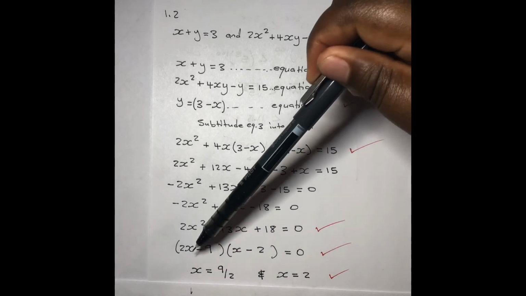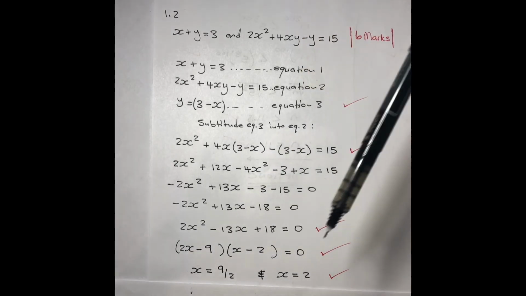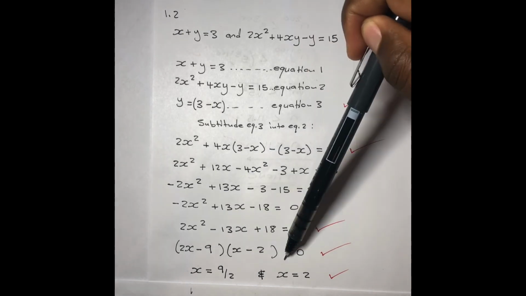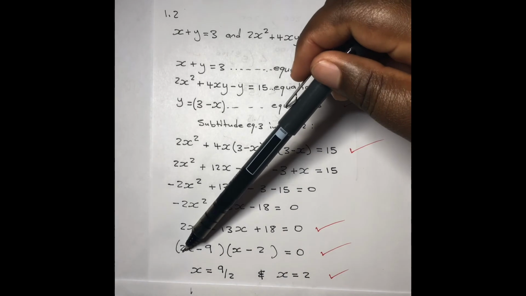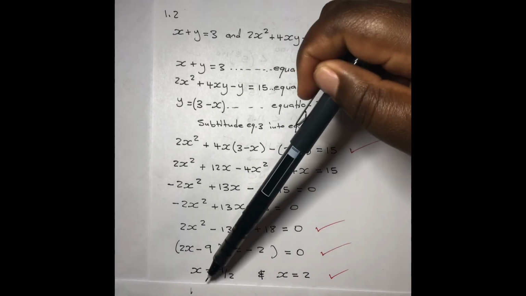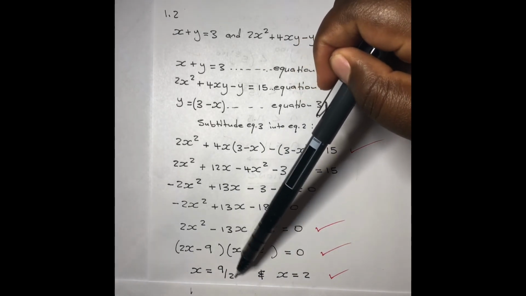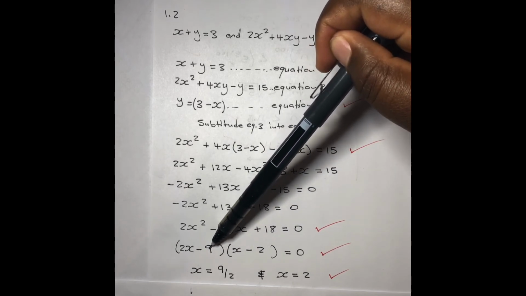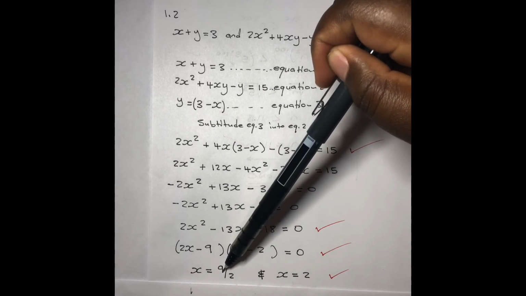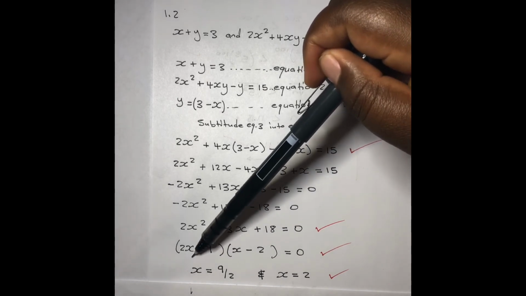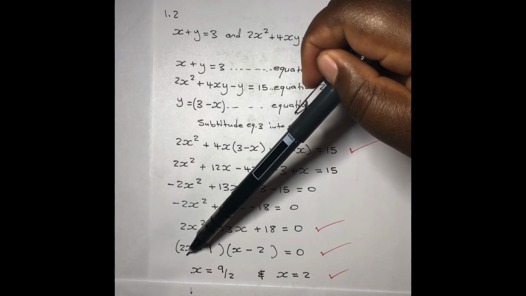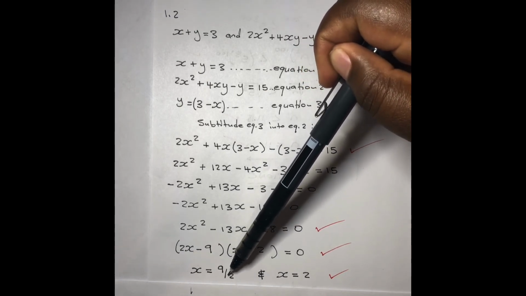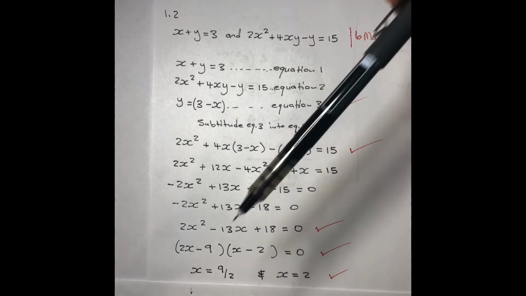When you factorize, these are the factors that you get. You can still use the quadratic formula to find the factors, and you equate these to 0. You move minus 9 to the right side of the equal sign, it becomes positive 9, and you divide by 2, so you get x as 9 over 2.